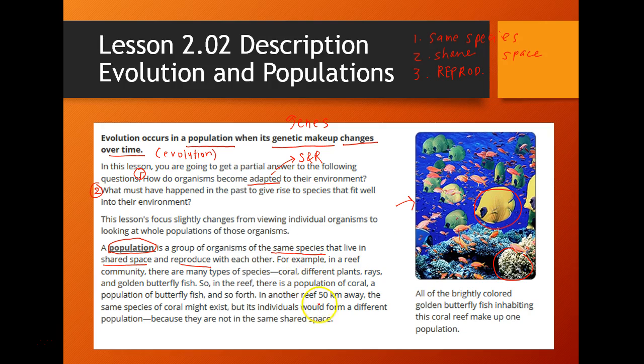If we were to go another 50 kilometers away, so in another area, we would find another population of coral or another population of butterfly fish, and the reason why we would consider it a different population is because they're in a different space. Okay, so just remember these three characteristics of a population.